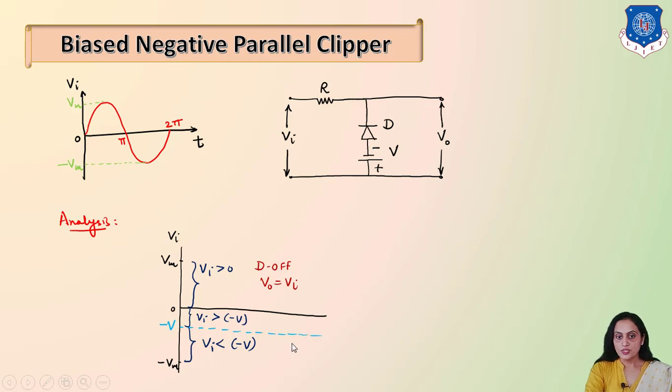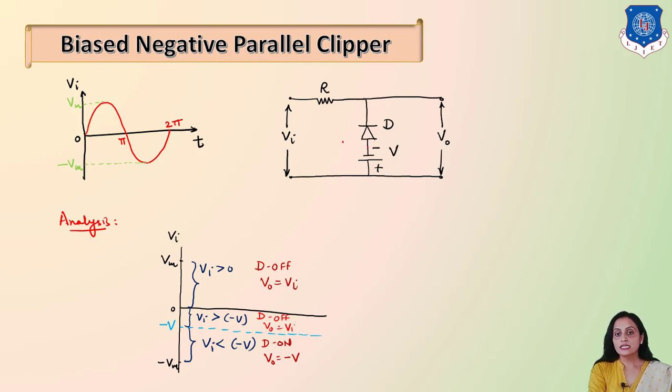Now what happens during this time period? When the input is greater than minus V, because the anode is connected to minus V, if this potential is greater than this minus V, that means the diode is in reverse bias. So for this particular region, we will find that the diode is off.